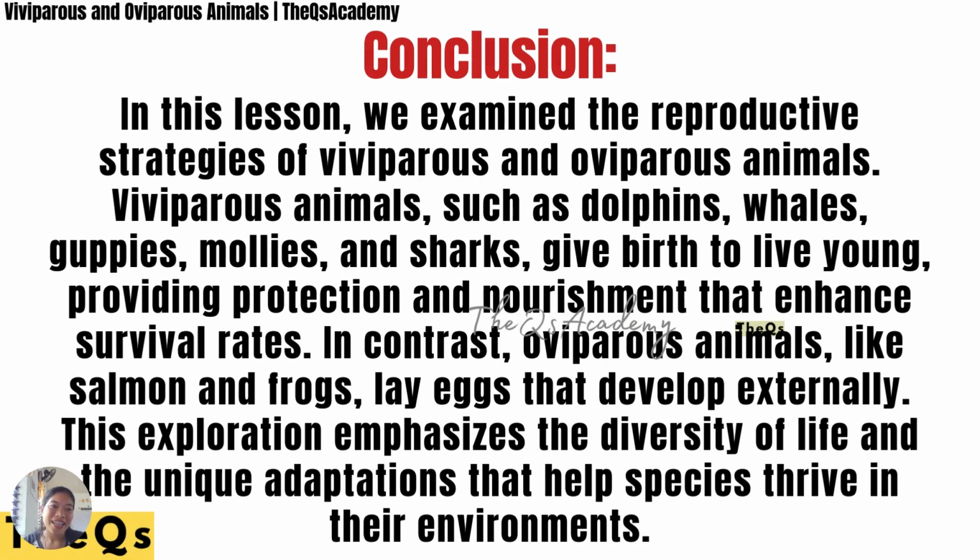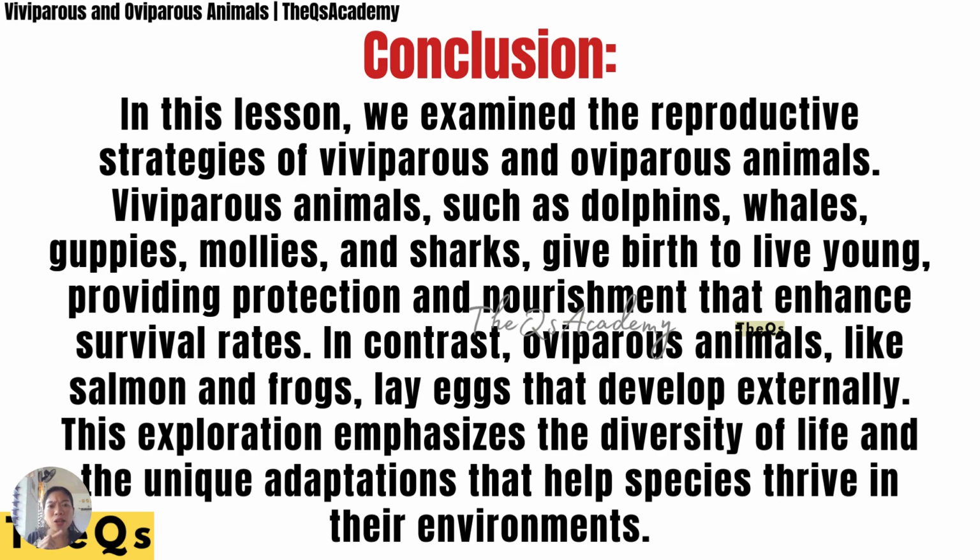So, in conclusion, in this lesson, we examined the reproductive strategies of viviparous and oviparous animals. Viviparous animals such as dolphins, whales, guppies, mollies, and sharks give birth to live young, providing protection and nourishment that enhance survival rates. In contrast, oviparous animals like salmon and frogs lay eggs that develop externally.